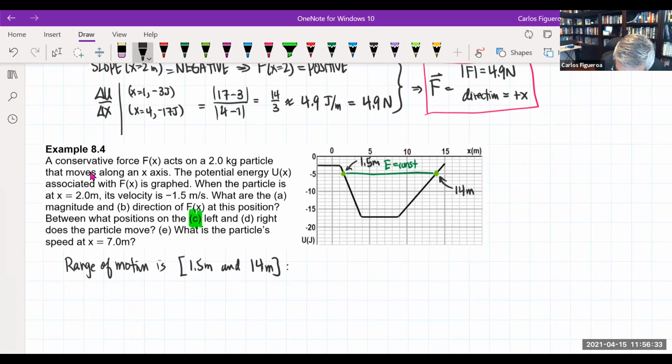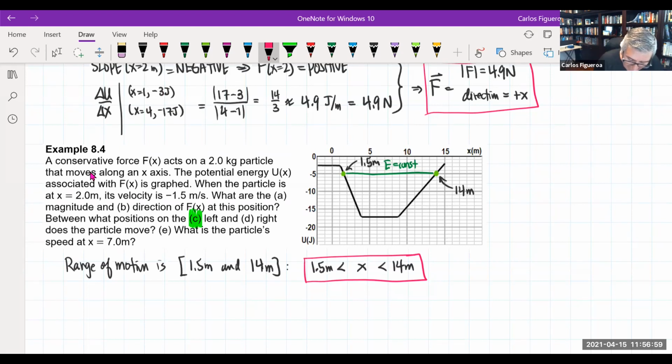So in other words, for this energy, the possible range of motion is this guy right here, and we used our energy picture. Then it asked the last question, E here: what is the particle speed at 7?